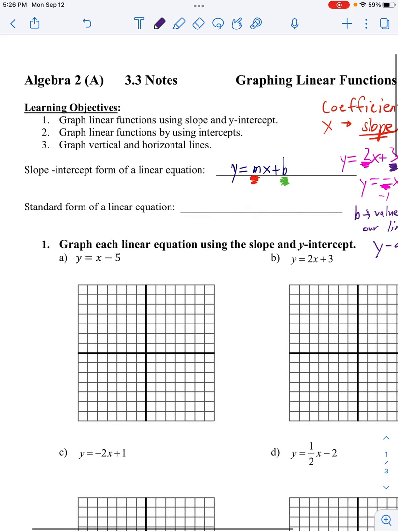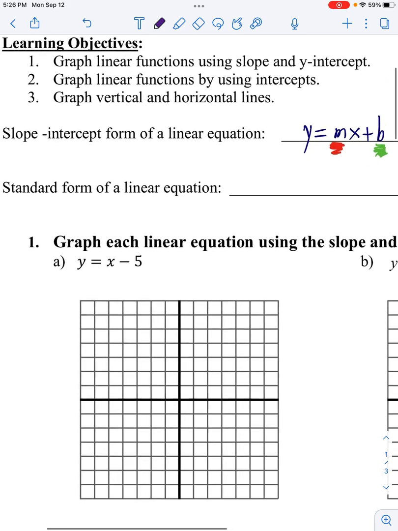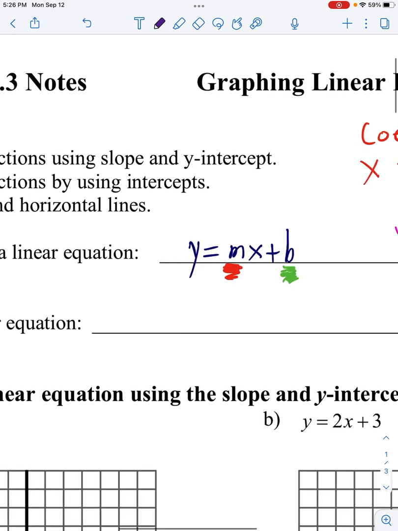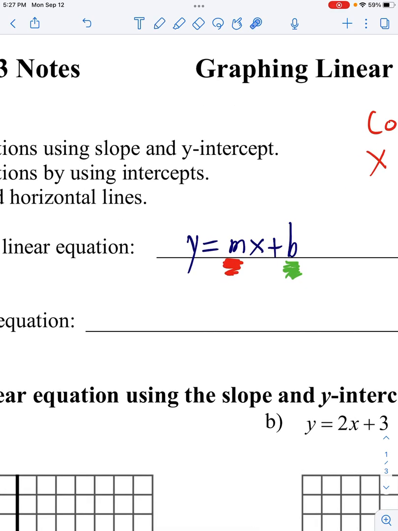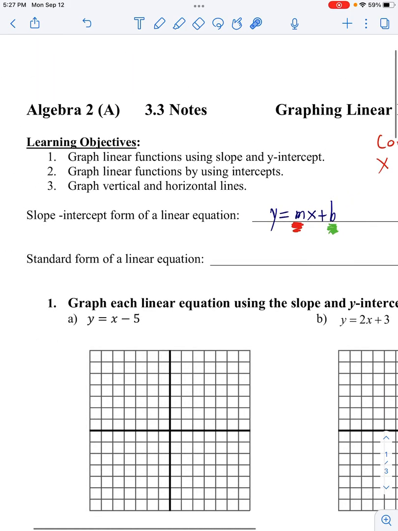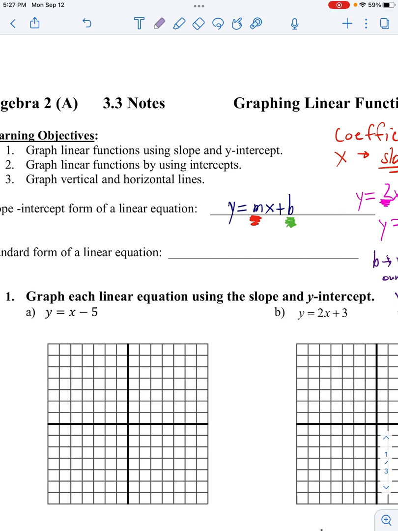And now let's talk about the standard form of a linear equation. What do we notice about slope-intercept form? What's special is y is by itself. There's nothing else on the left side of my equation. It's only y. Standard form of a linear equation is when our x term and our y term are on the same side of the equation, and our constant term, our term with no variables on it, is over on the right by itself.